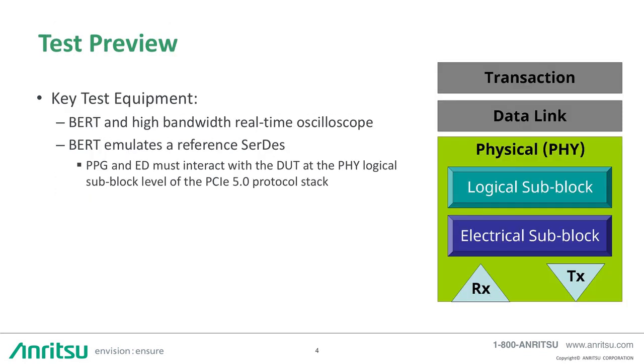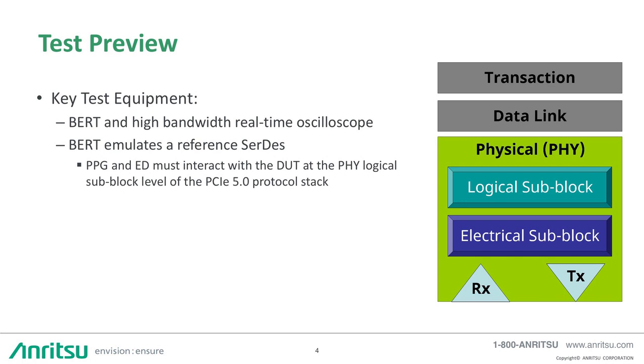The key test equipment for SerDes testing consists of two pieces: a bit error rate tester and an oscilloscope. For the most complicated SerDes tests, the link equalization training, the BERT must emulate a reference SerDes.